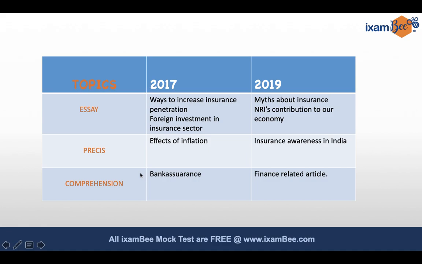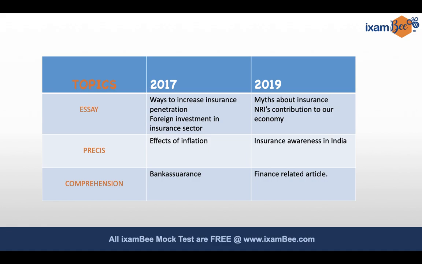Now, if you look at essay in 2017, we had ways to increase insurance penetration. We also had foreign investment in insurance sector. Now look at 2019. We still have another topic on insurance and NRI's contribution to our economy.